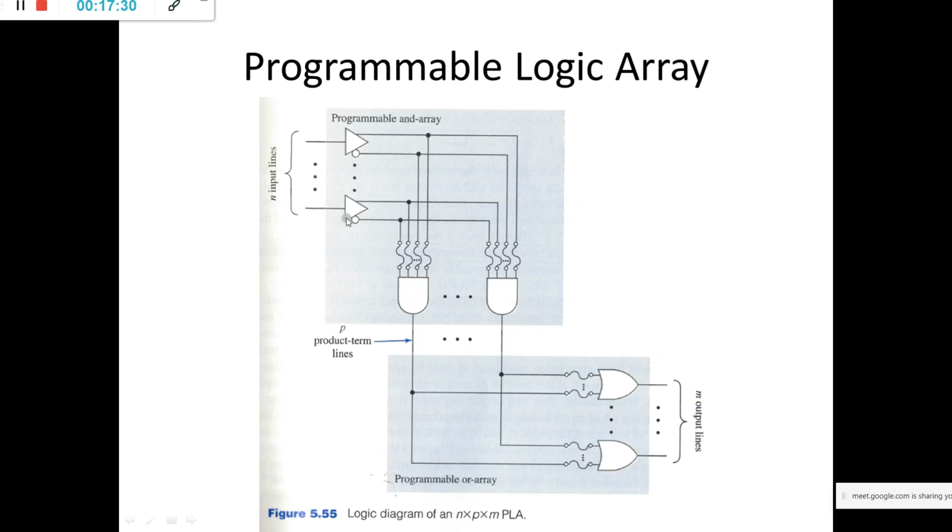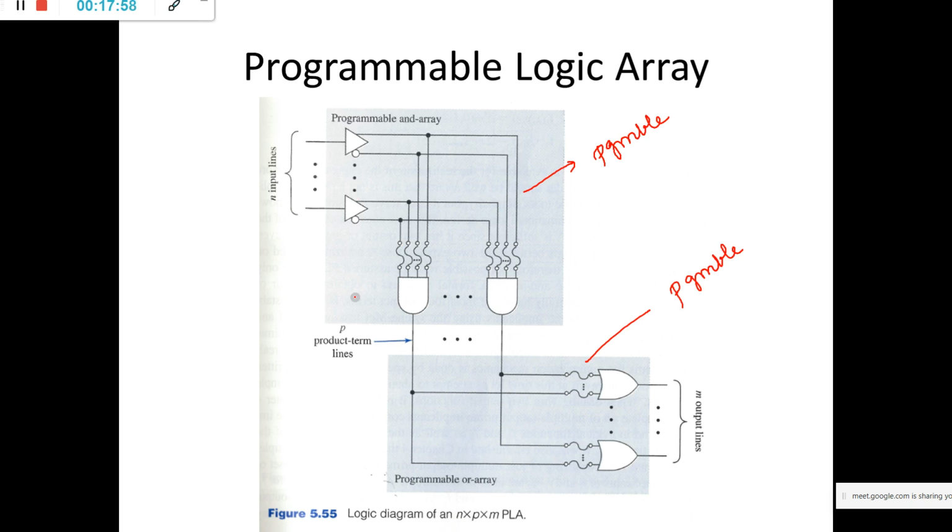So here we can see programmable logic array. Here programmable AND array. You can see the fuses here, here, and here. So AND array is programmable because fuses are connected. Here also OR array is also programmable, right?